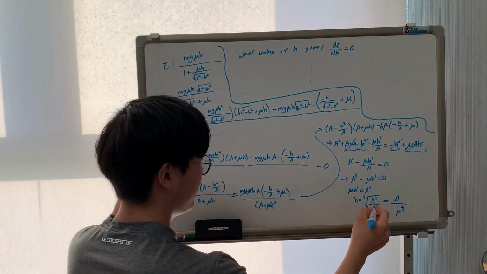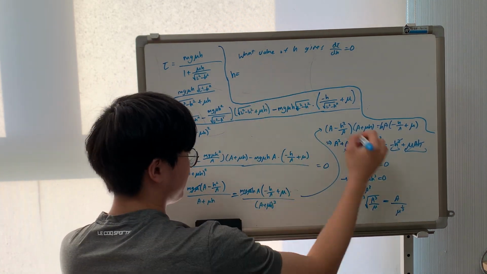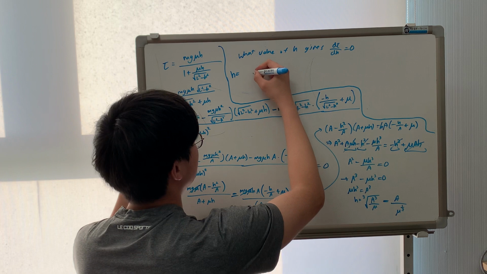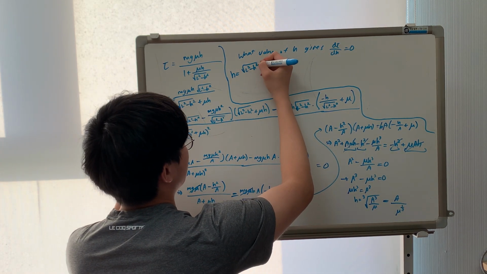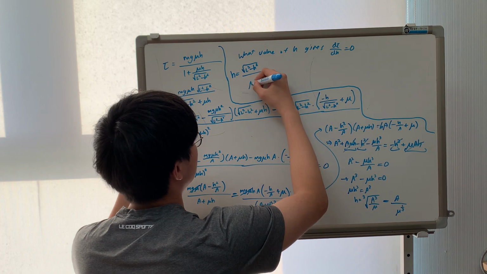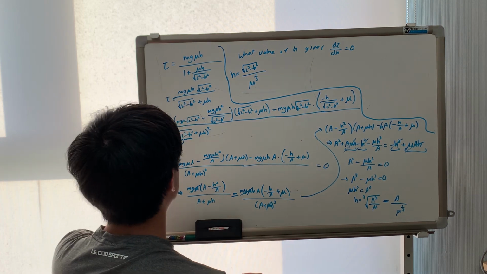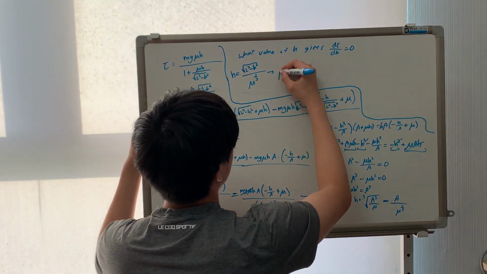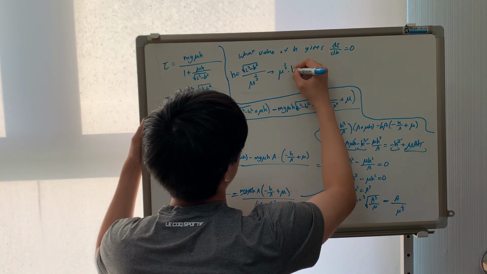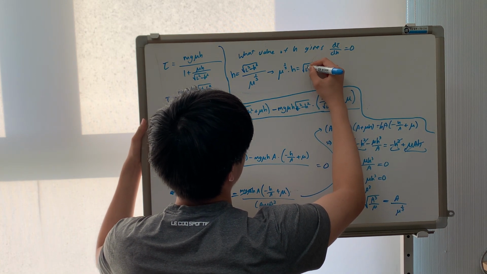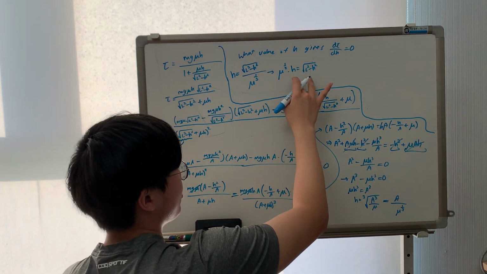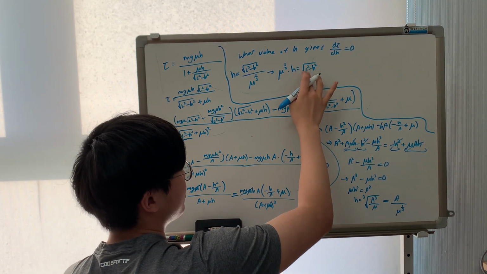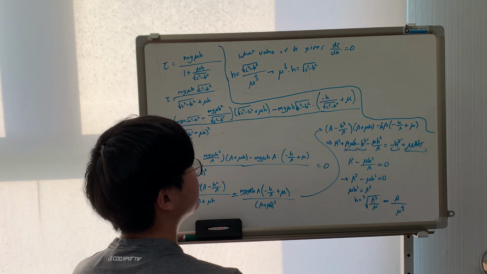Yeah, so we have h is equal to, from this equation over here, h is equal to a, which is square root of L squared minus H squared over mu to the 1/3. And from that we could say, mu to the 1/3 times H is equal to square root of L squared minus H squared. Now this is a good sign, because when we square both sides, we're going to have H squared here and also an H squared over here. So that's a good sign.